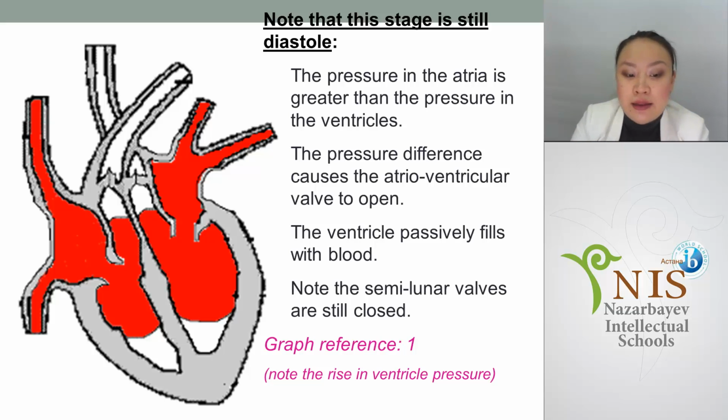And the difference between these chambers makes the atrioventricular valves open. You see that in this stage, from the atrium, blood goes into the ventricle now. The ventricle passively fills with blood. Note the semilunar valves are still closed in this picture.